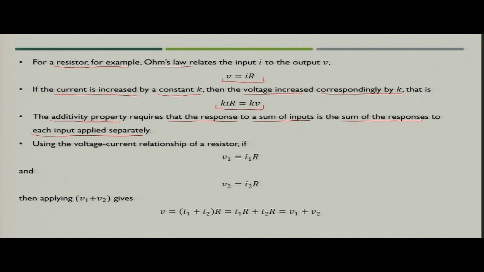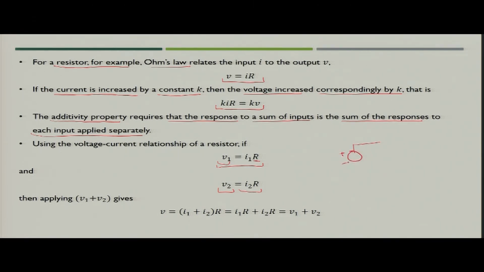Suppose in the circuit you have two voltage sources, V1 and V2, which are applied across a resistor R. If you apply Ohm's law, V1 will be I1 into R, and V2 will be I2 into R. So, V1 and V2 we are both applying separately to a resistor R.